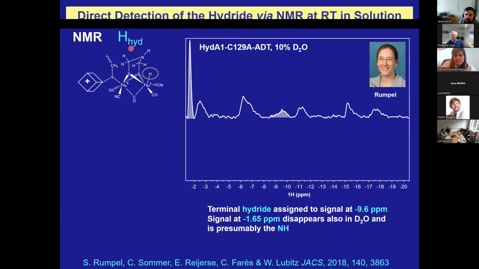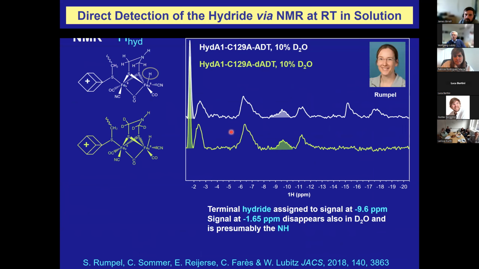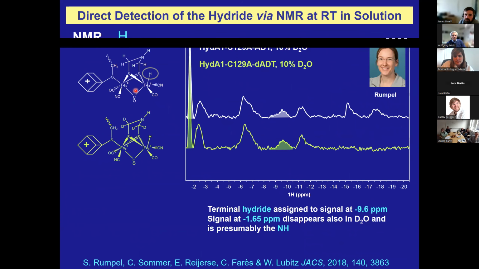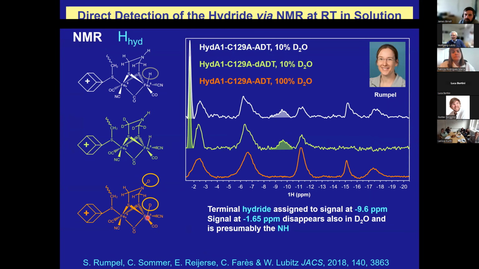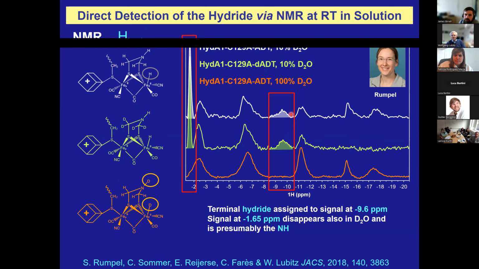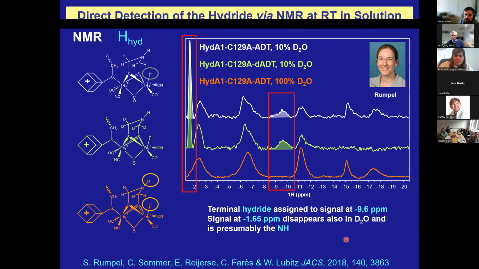We did that actually on the H2ase state and could show, by manipulation of the 2-iron center, that there are lines disappearing. This one, when we deuterate the hydride at the iron and the H at the D, and these are the two resonances. This is the H at the nitrogen, and this is the hydride that can be directly measured.